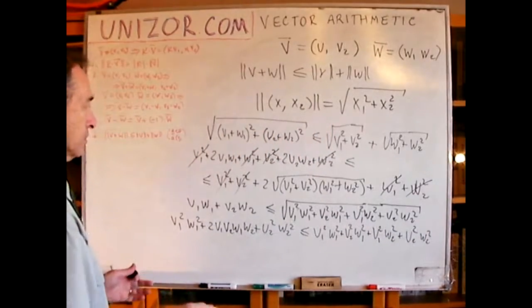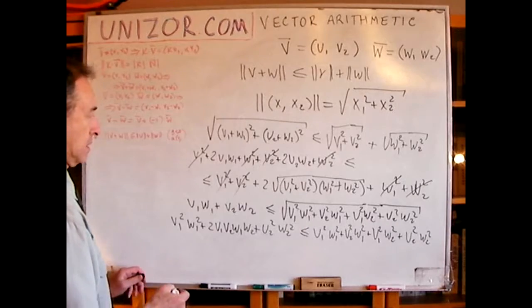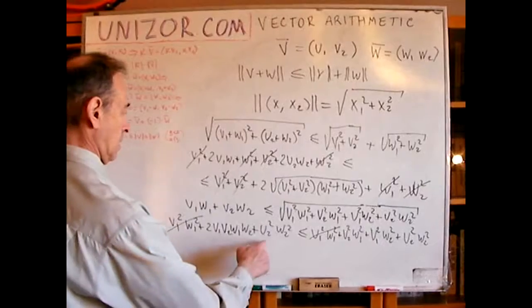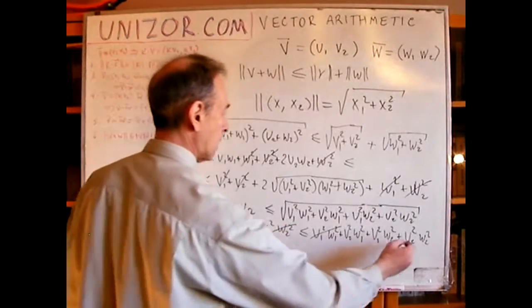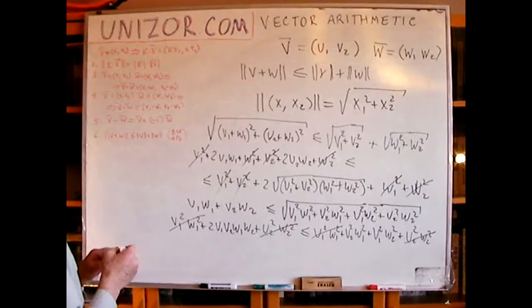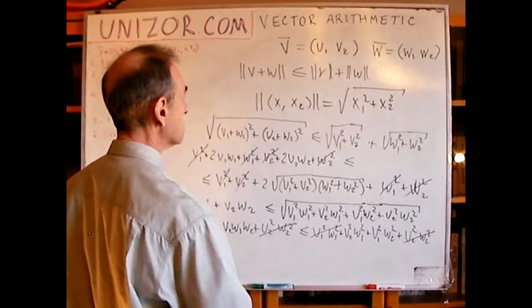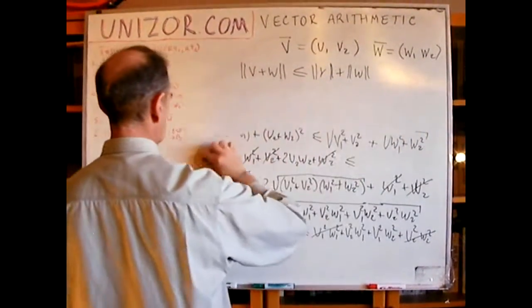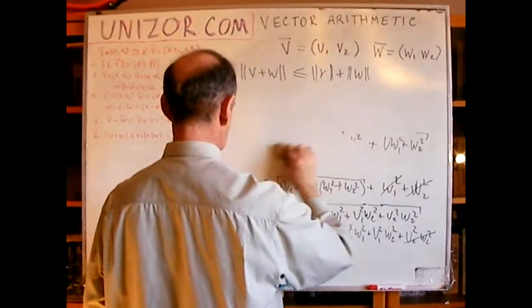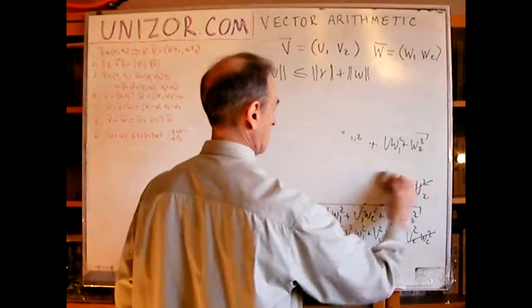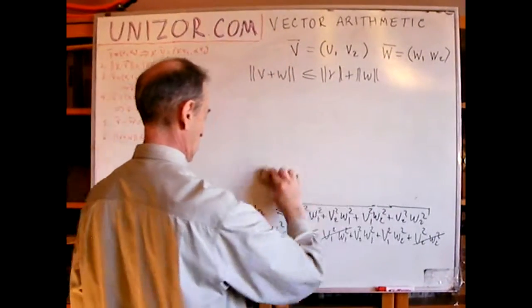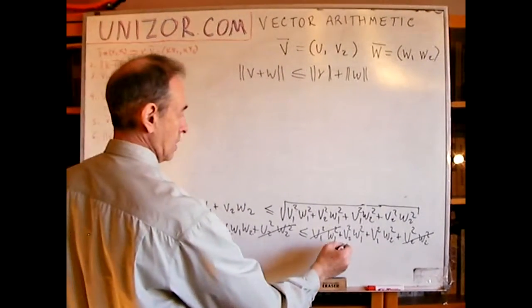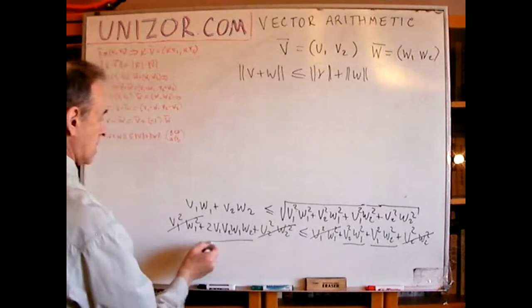Okay, now we have to reduce something, I guess. This one and this one. And this one and this one. So, what remains? This, and this.